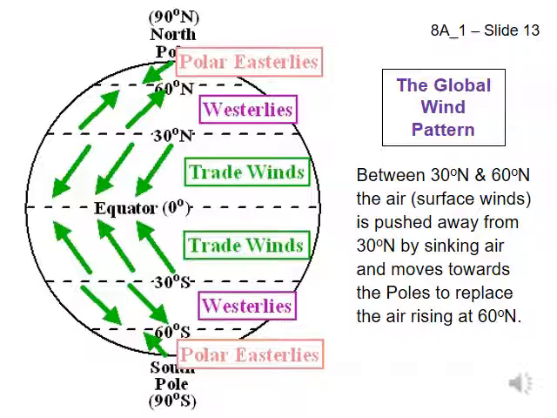How to memorize the global wind pattern? You can memorize the global wind pattern map. I suggest that you memorize the directions of the trade winds. Both trade winds blow towards the equator and towards the west. This should not be too hard to remember, because the equator is the warmest place in the world. The air on the equator rises, so the nearby air moves toward the equator to replace the rising air.